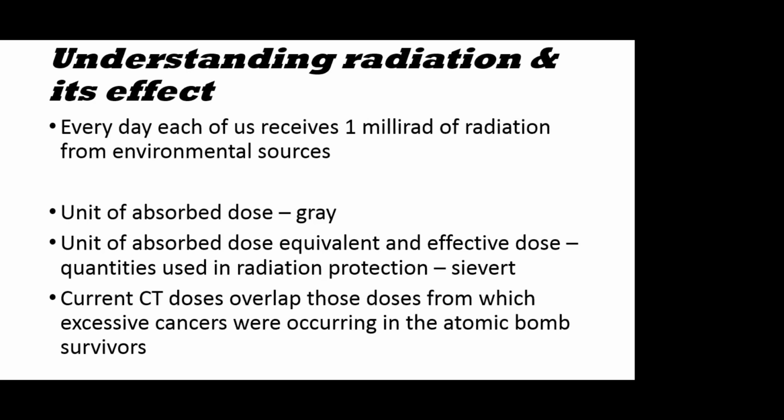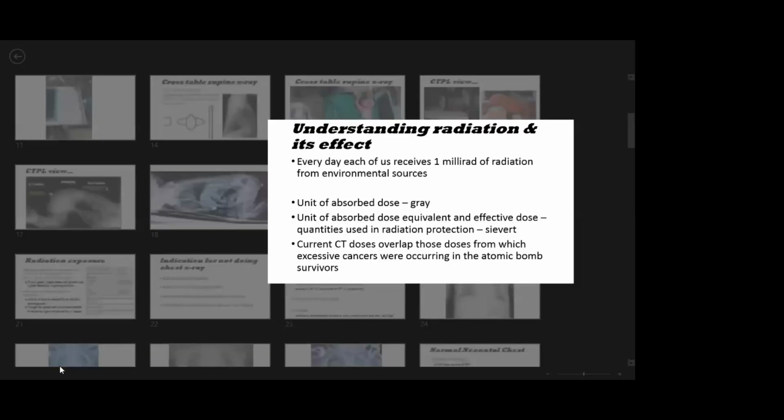Overall, current doses overlap those doses at which excess cancers occurred in the atomic bomb survivors. As I told you, much of this data on exposure and its effects has come from the Hiroshima Nagasaki era, and there is no point in doubting that data, because we know that universally the radiation is bad.